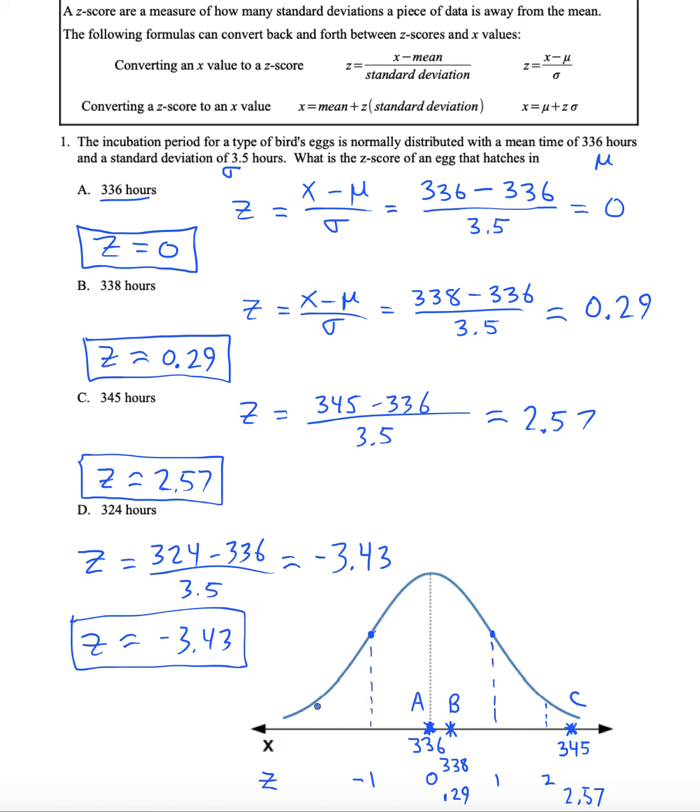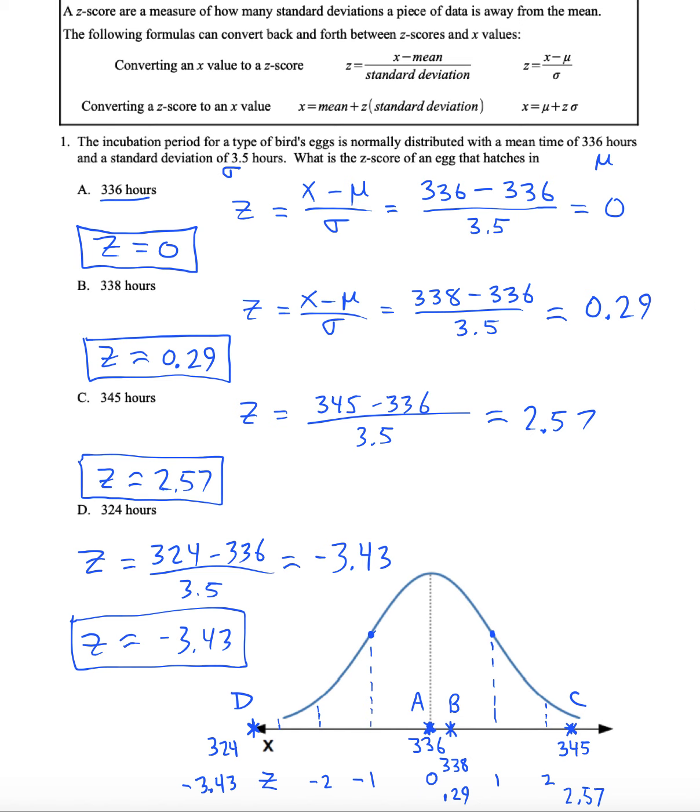Okay, if we go 2 standard deviations below, we'll be here. 3 would be about there. We're going to go even farther. We're basically off the drawing here. That's 324 hours and a negative 3.43 z-score.